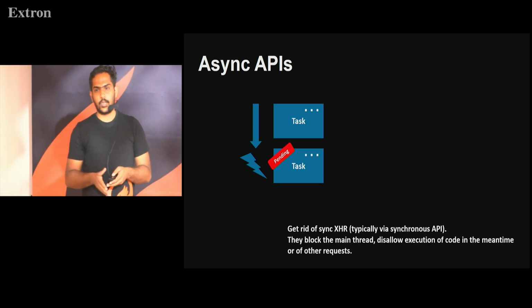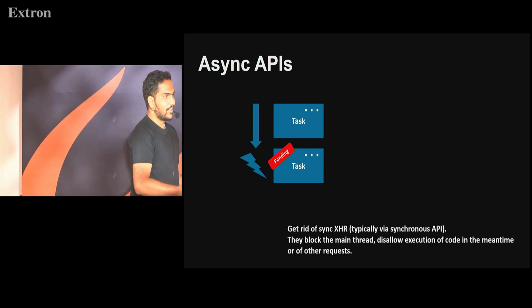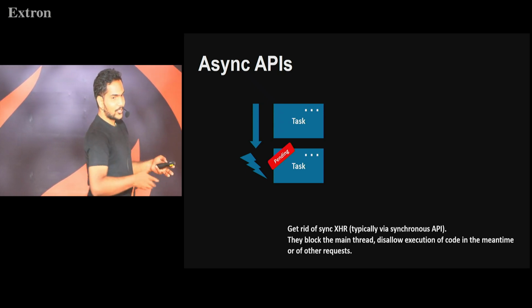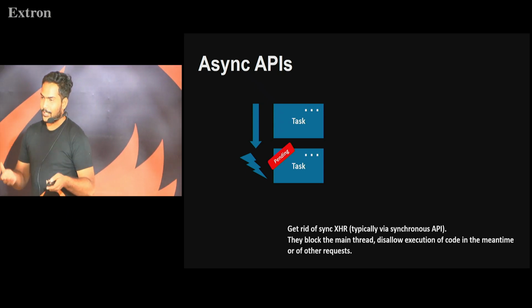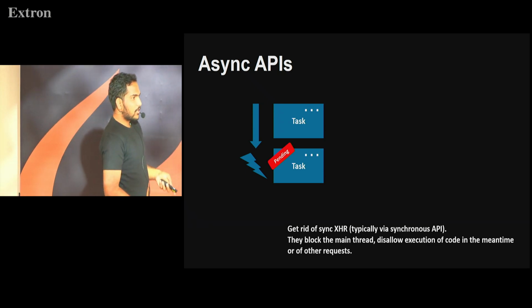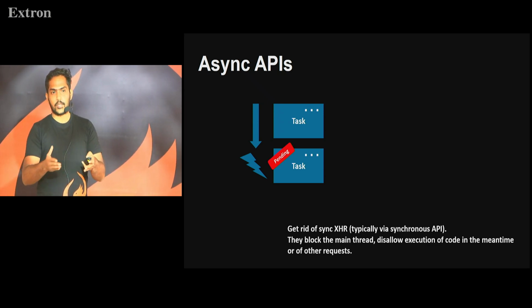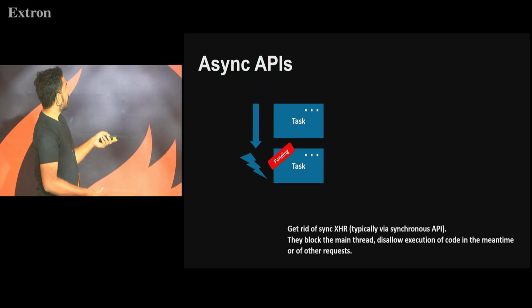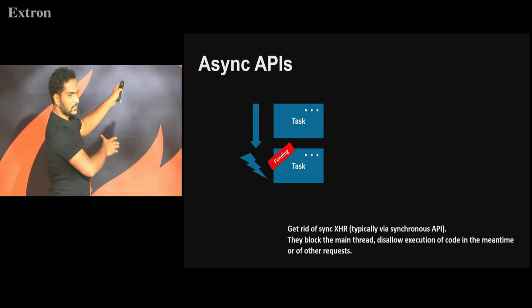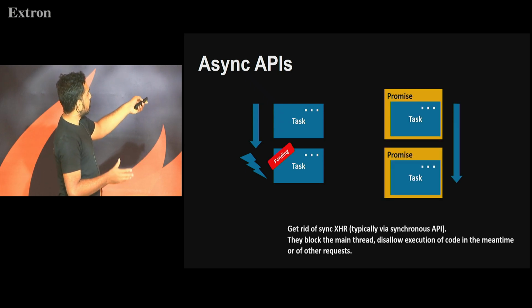Every one of us wants to make the shift from sync to async. Not much explanation is needed here. But just to mention, if you are using synchronous APIs, your application will be slow because everything is blocked. One request is waiting for other requests to complete. So we want to get rid of all these things.